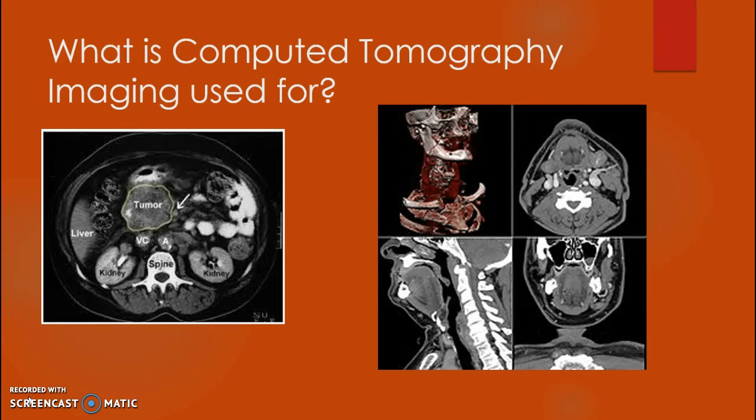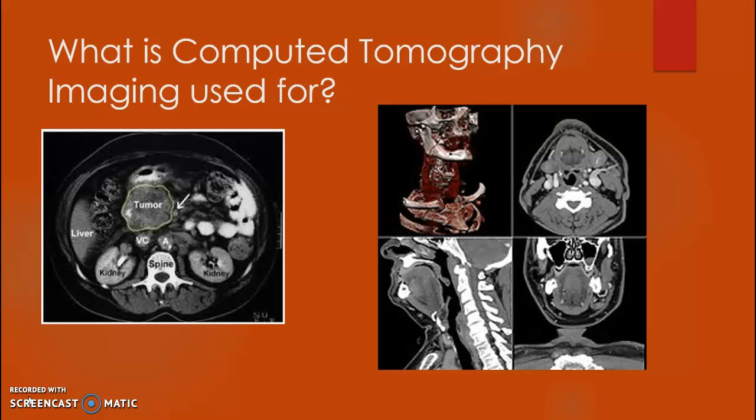And then computed tomography, also known as CAT scan. This imaging modality is used to scan the entire body, and then we are able to slice up the body into different planes: coronal, sagittal, axial.